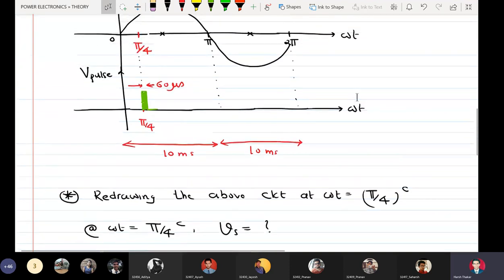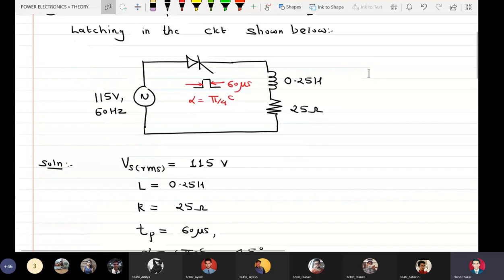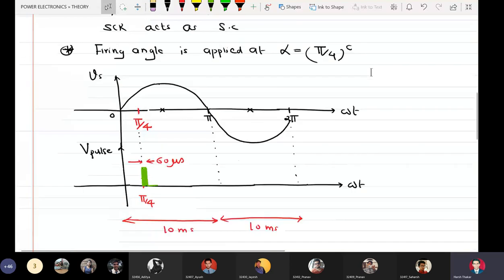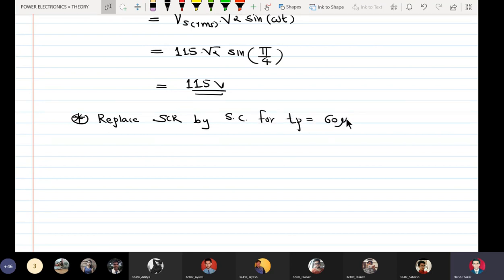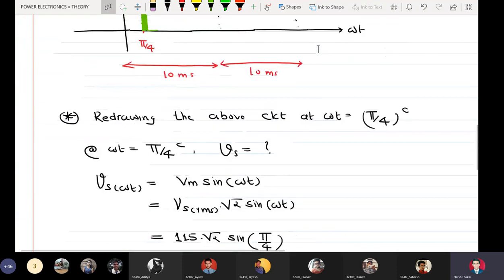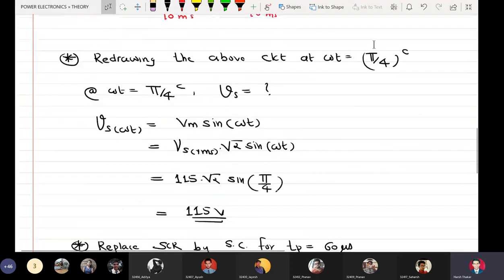So at omega t equal to pi by 4 radians, the value of the source voltage is 115 volt, and the SCR will be replaced by a short circuit for a duration of 60 microseconds. Now the second thing is to replace the SCR by a short circuit for the pulse width equal to 60 microseconds. So basically at omega t equal to pi by 4, my circuit becomes a circuit having a source of 115 volt DC.